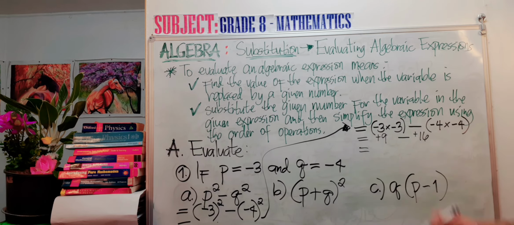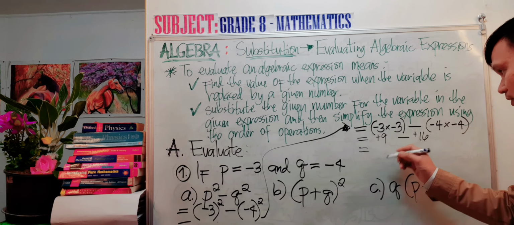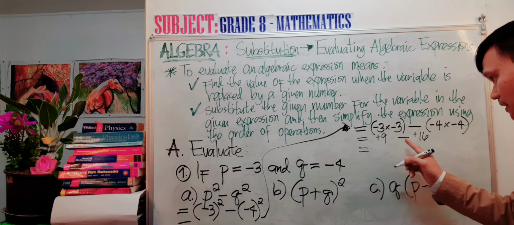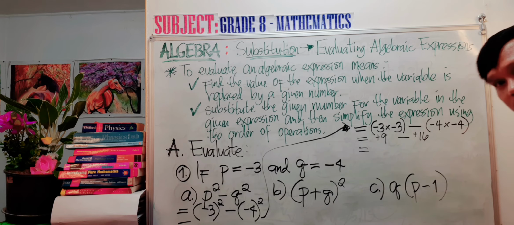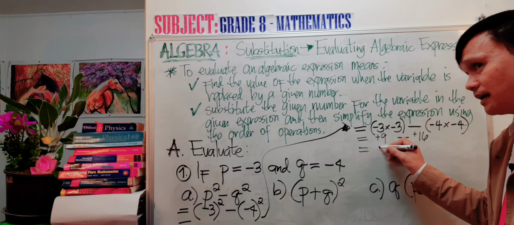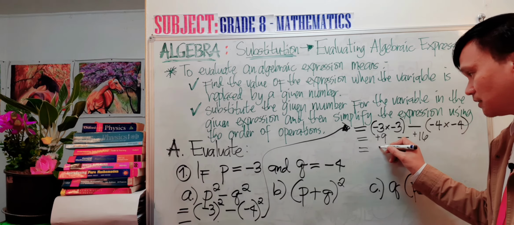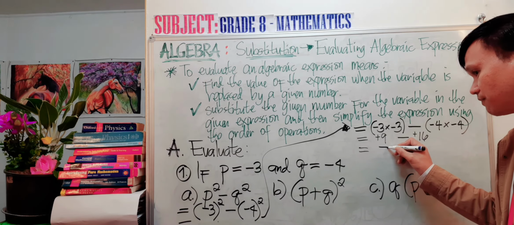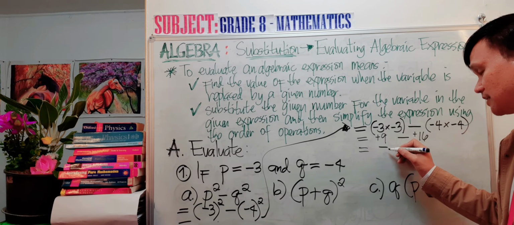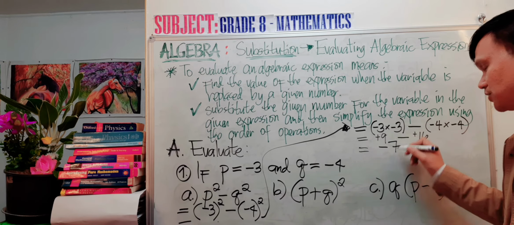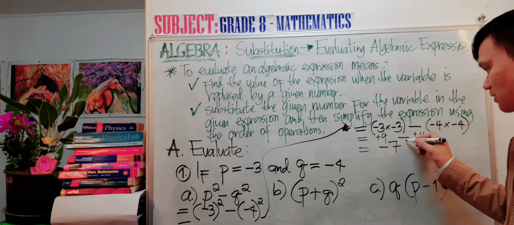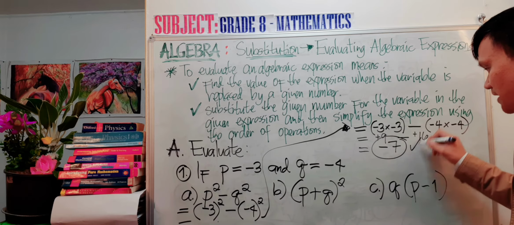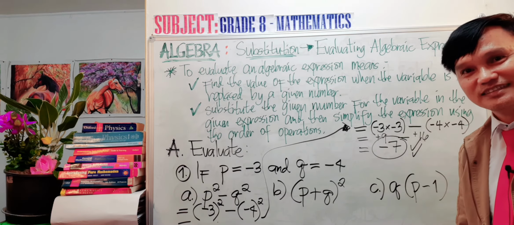So now we have 9 minus 16, which is equal to, what is the rule of directed numbers? This will now be negative, tell me, negative 7. Very good. Okay? Negative 7. 9 minus 16 is equal to negative 7. You get it now?